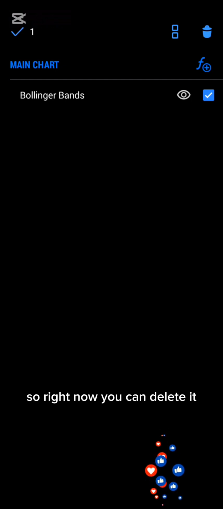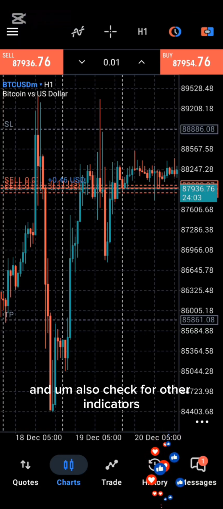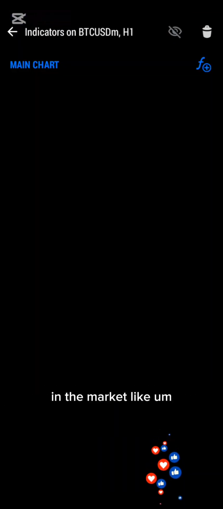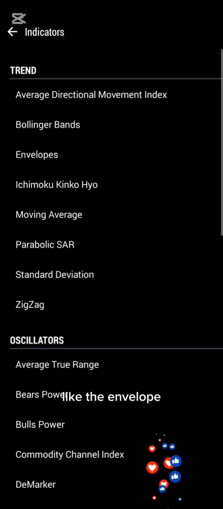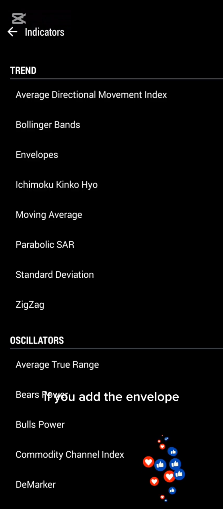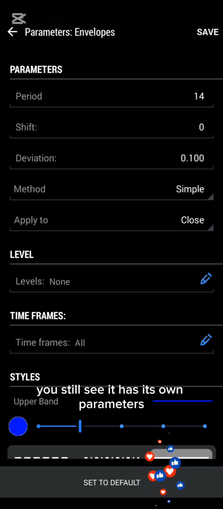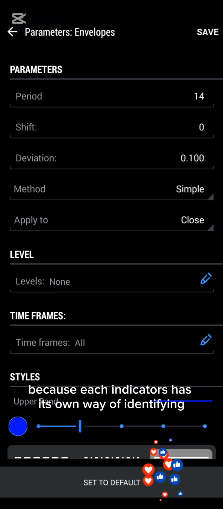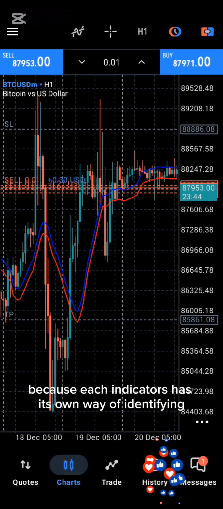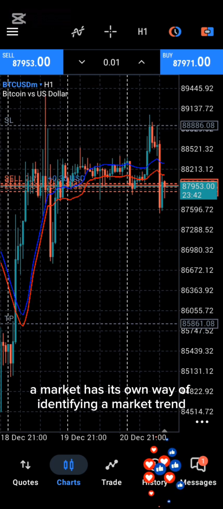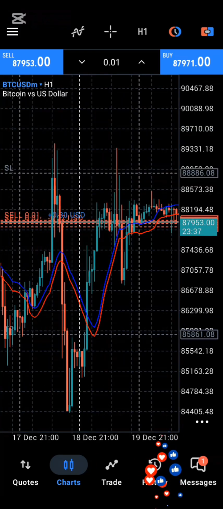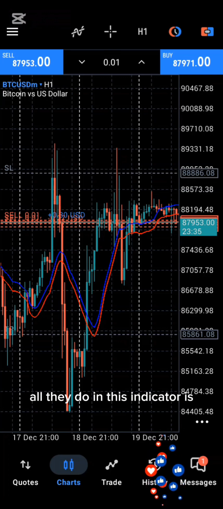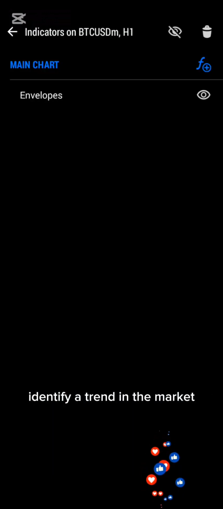So right now you can delete it and also check for other indicators in the market, like the envelope. If you add the envelope, you still see it has its own parameters. They all have their parameters. Why? Because each indicator has its own way of identifying a market trend. All they do in this indicator is identify a trend in the market.